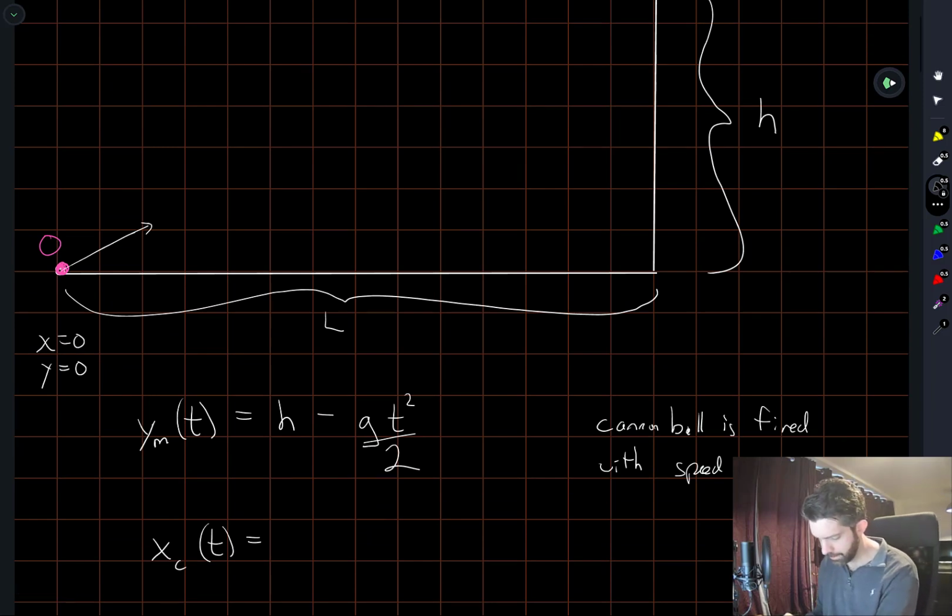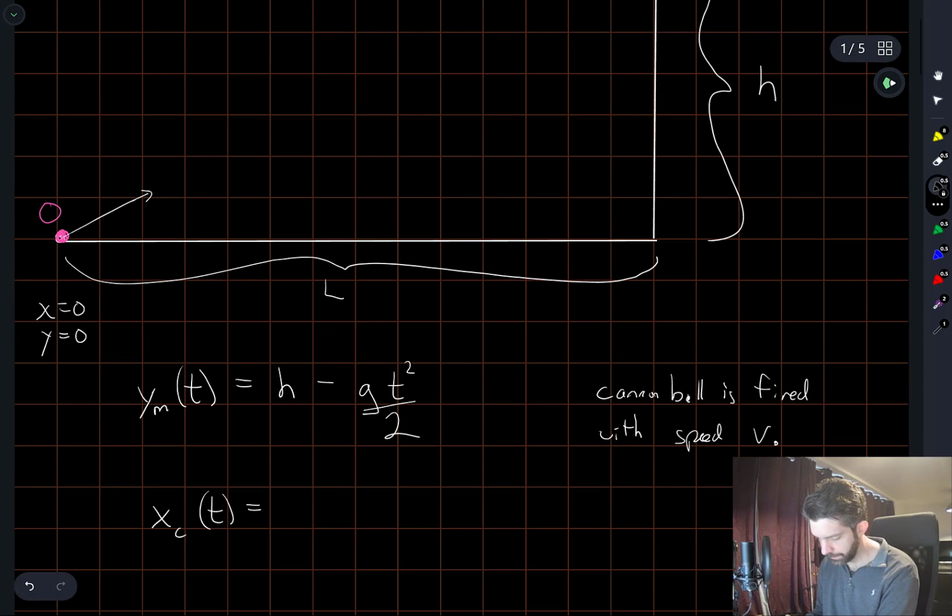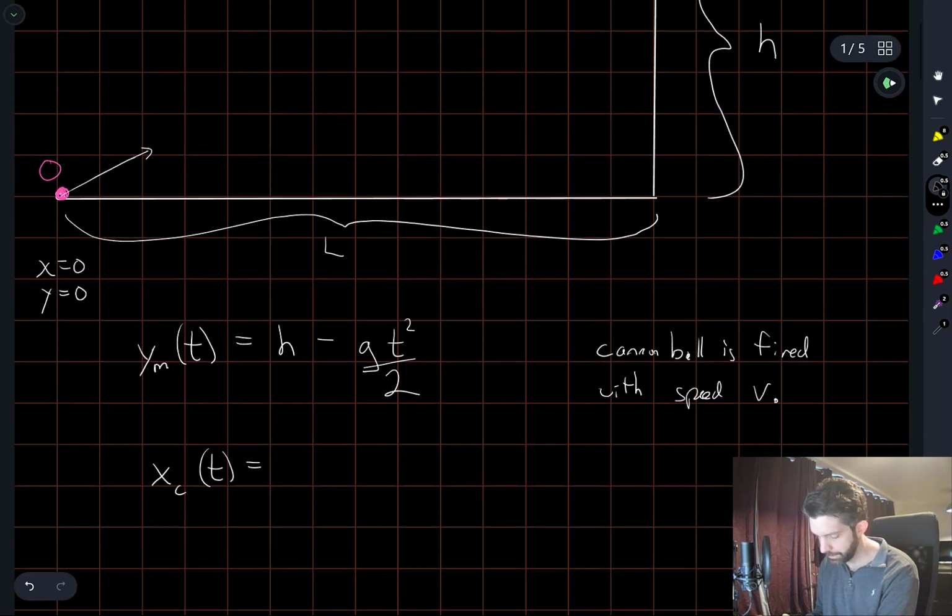So I don't really care how long that vector is, but we'll need to get the x and y components of that vector correct. So we're going to assume, I mean, this is not really an assumption, the cannonball comes out with some velocity. We are assuming that there's no air resistance, meaning that the horizontal component of the cannonball's velocity will be a constant. The only force acting on the cannonball after it's fired will be gravity, which is downward.